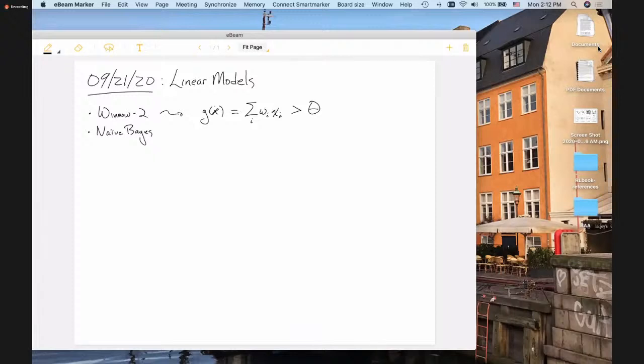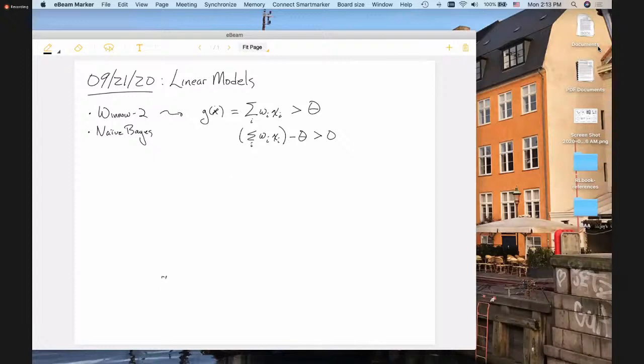Okay, well, one of the things that I want you to notice here is that we could rearrange our terms a little bit and rewrite this like that. Notice it's still a linear model, and all we've done is shift the threshold.